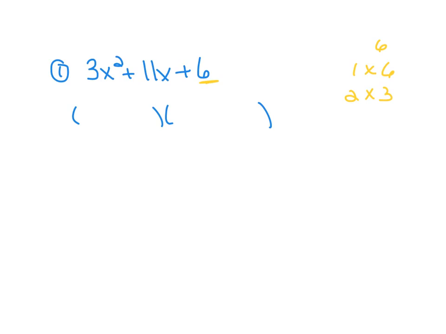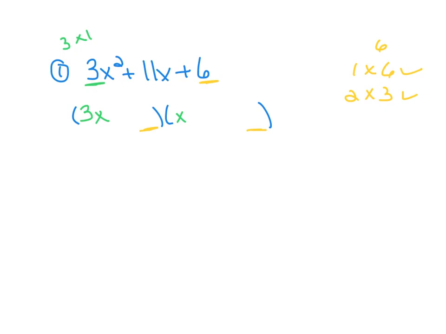The harder part is now you also need to contend with the 3 in the front. Now I picked an easy one, because for this one, 3 times 1, your only choice here is a 3x and an x. So this one is a little bit easier. But now the choices for the second part are either a 1 and a 6 or a 2 and a 3. So watch what's happening in your head.